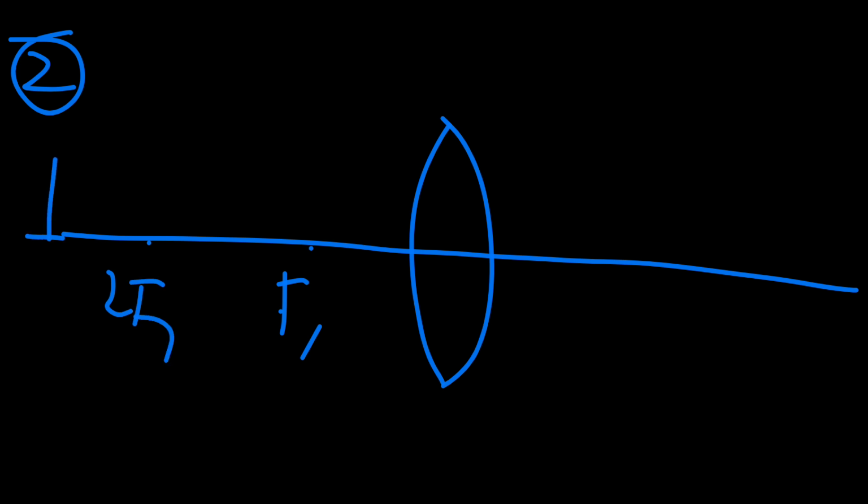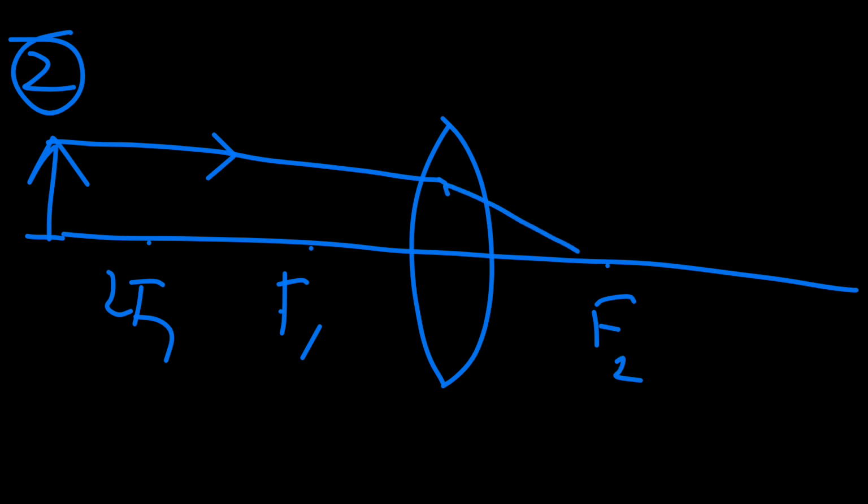Let's move on to the second situation now. Again, convex lens. The object is beyond 2F1. First, the ray passes parallel to the principal axis; after refraction, it passes through the focus.